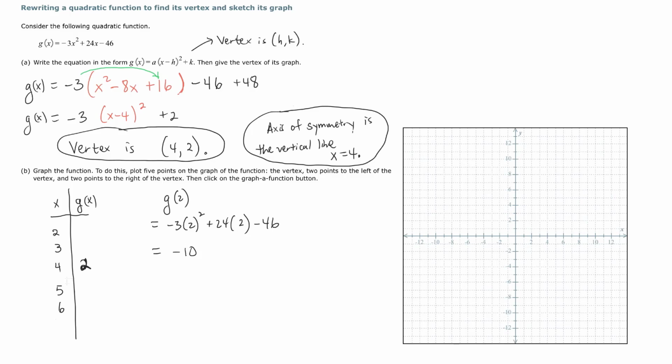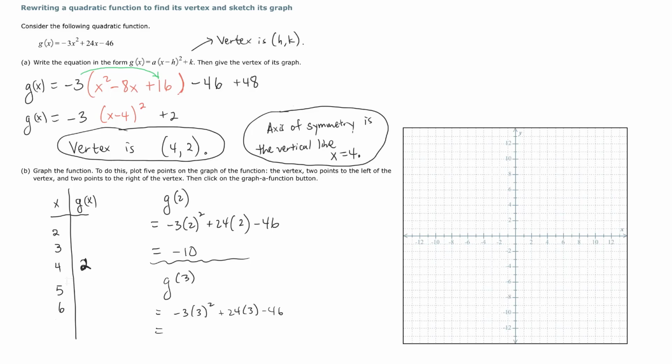Let's find g of 3. See how much that is.